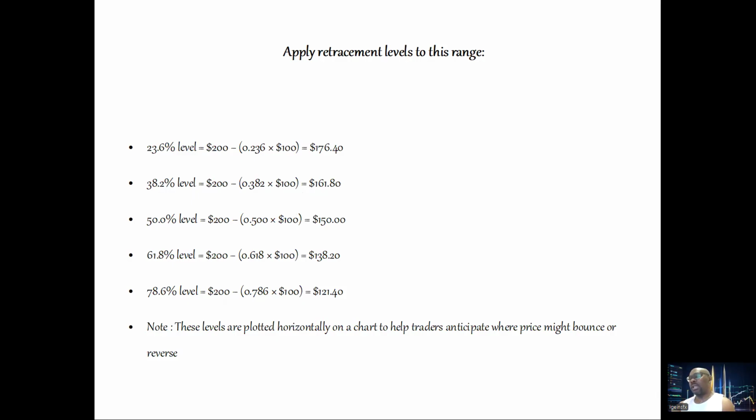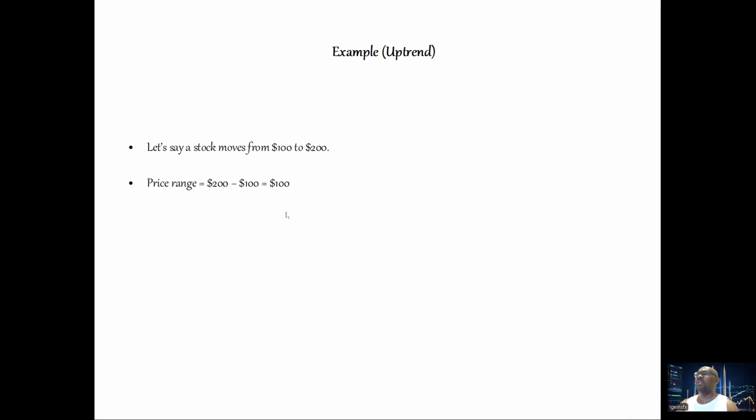If you are doubting where the 100 comes from, you know what our price range is. When price moves from 100 to 200, let's go back so that you see. This is it, from 100 to 200. Now the price range is 200 minus 100, which equals 100. That is why we are using this 100. That is the price range.